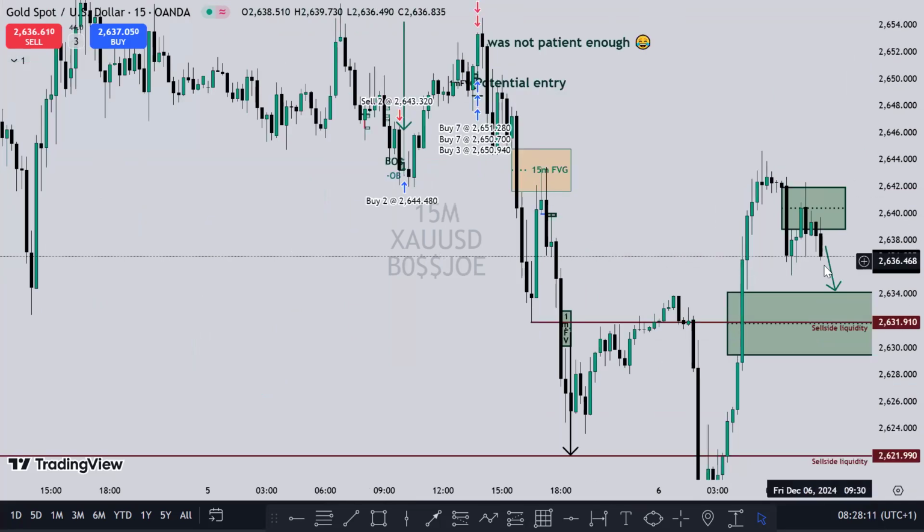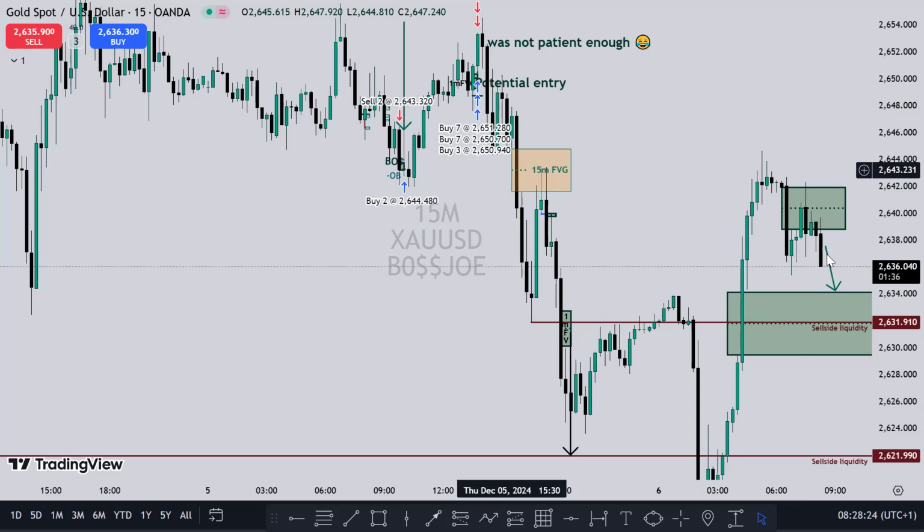By the way, this is what you are looking at. Gold is right now reaching for this 15 minutes fair value gap, for those of you that are just coming, and that is what gold is trying to do. So that's our potential target. I told you guys, go over to the 1 minute, look for break of structure, look for a 1 minute fair value gap.